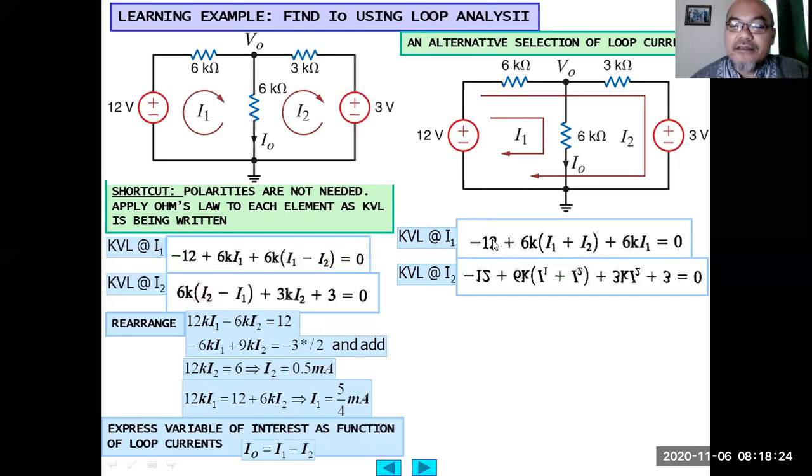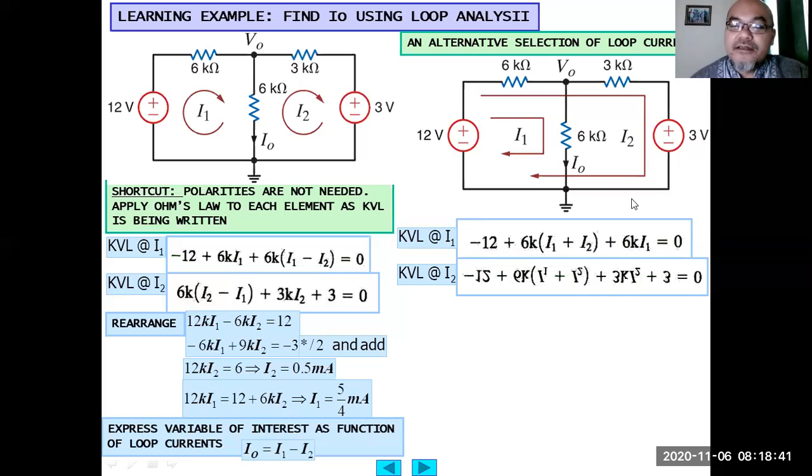So we have to write minus 12 plus 6K multiplied by I1 plus I2. Then for the second 6 kilo ohm, only I1 flows through it, so we just write plus 6 kilo I1 equals 0.